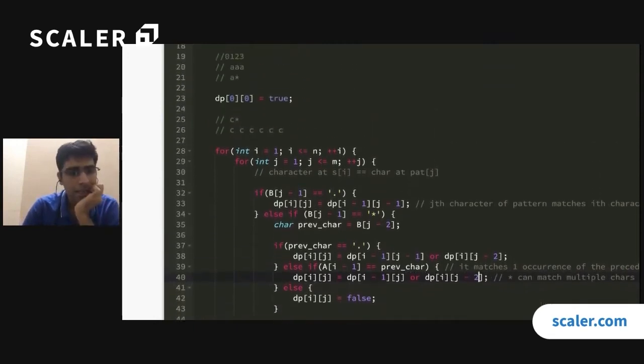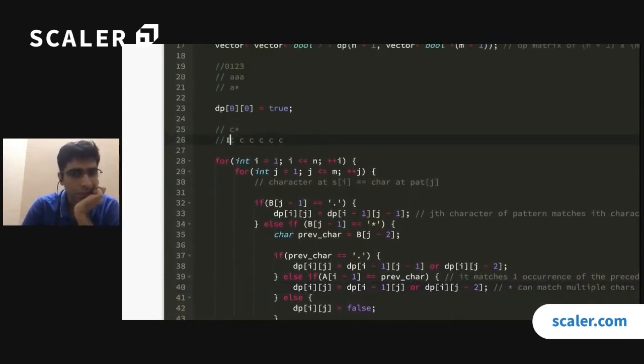In that case, if we take care of this string, this problem will be equal to either I match this C with this C, then the problem reduces to dp[i-1][j], which will be equal to matching this C with this C star, okay? Or if I don't match this C, this reduces to dp[i][j-2], which will be false.